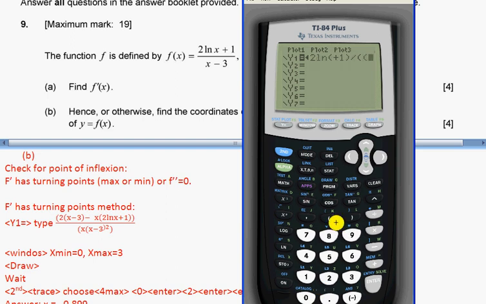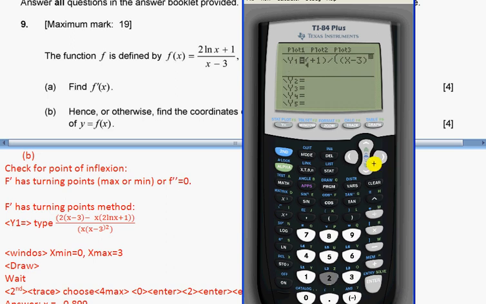Here we can use either this button squared or raise to second. Then we go to the right and we close the bracket.